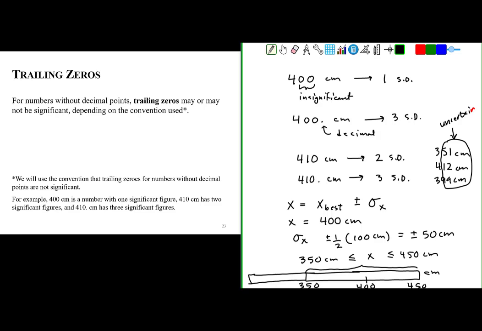All we know is it's somewhere between 350 centimeters and 450 centimeters. Because that is our limitation, this is why we are going to consider these zeros to be insignificant.